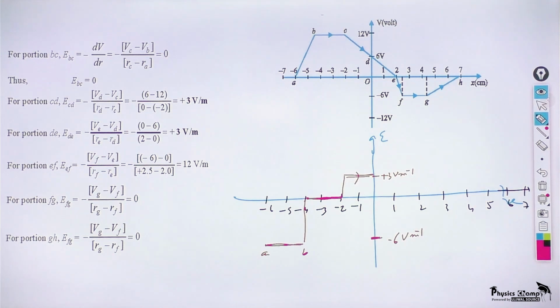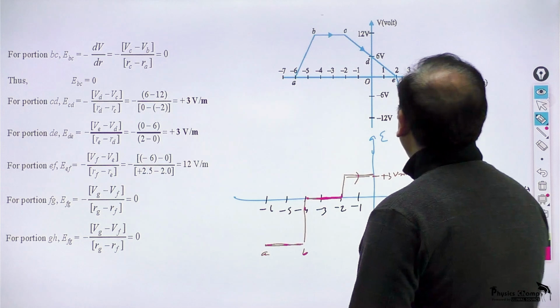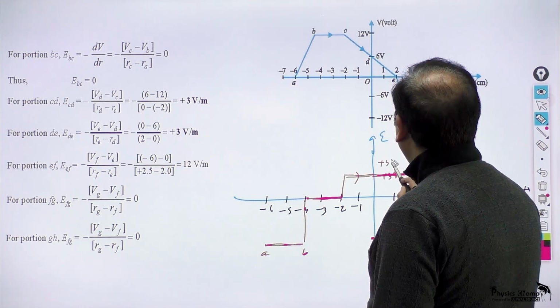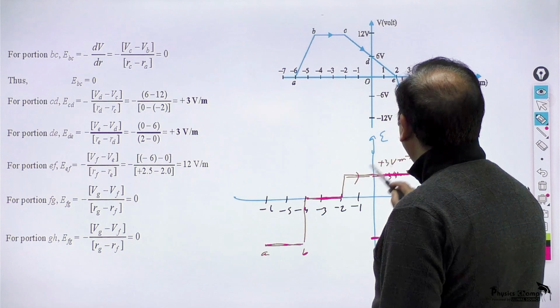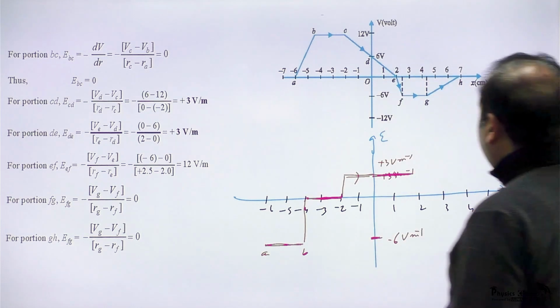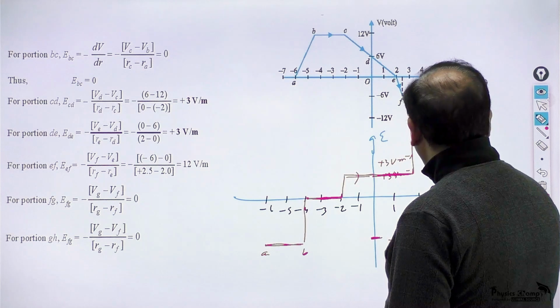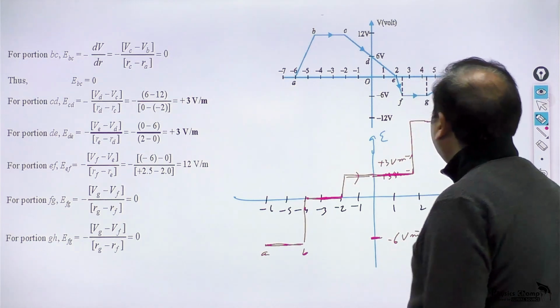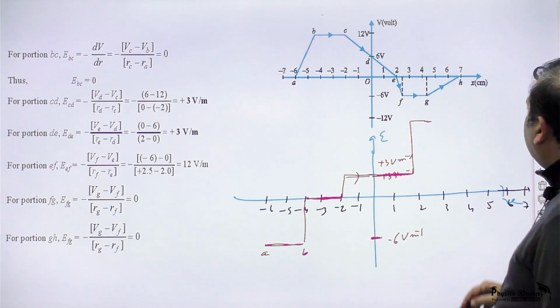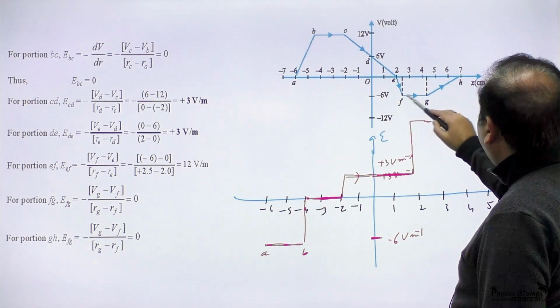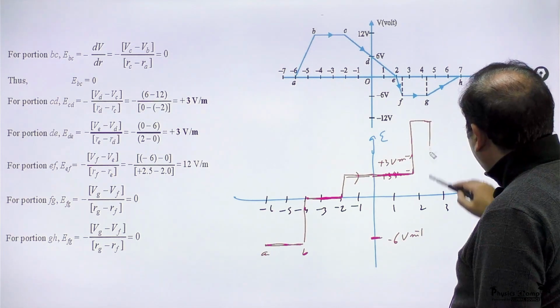Then for D to E, again it has got +3 volt per meter. And then for E to F, it was having a value 12 volt. So for 2 to 2.5, it will have a value 12 volt. And then at once it becomes 0 till 4.5. So from 2.5 to 4.5, it is 0.